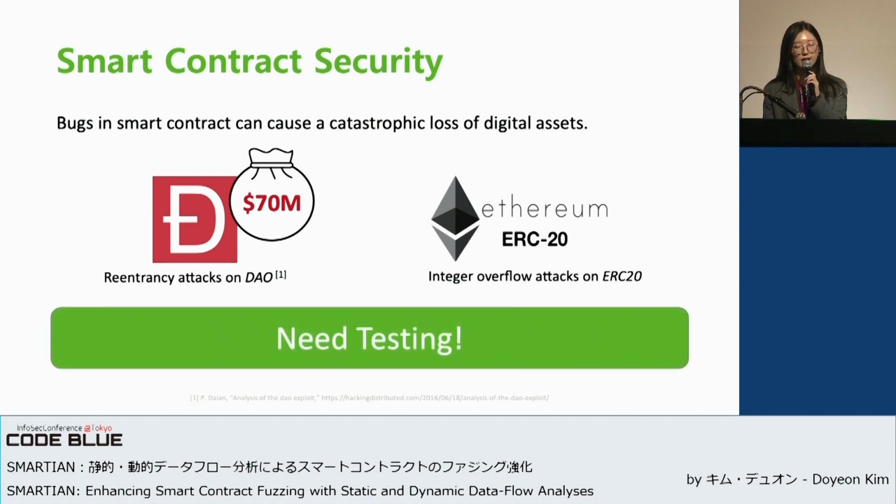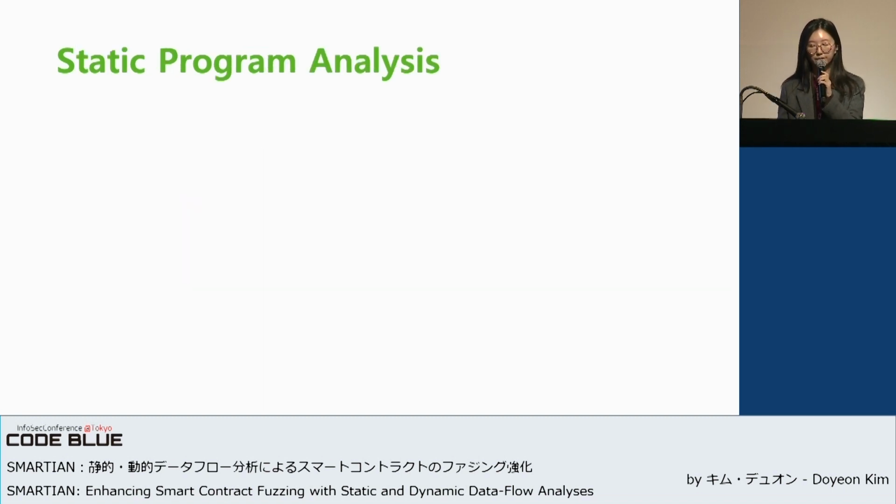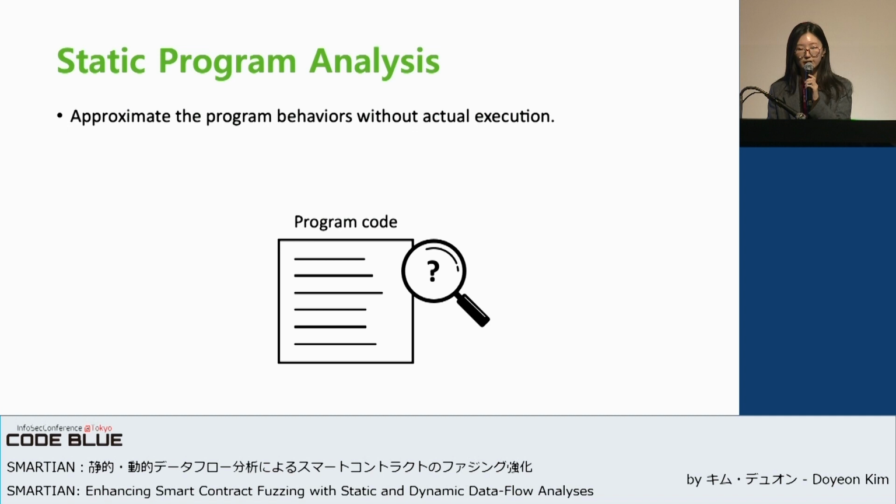So this highlights the importance of testing smart contracts. There are lots of techniques for finding bugs. One of the most popular techniques is static analysis. Static analysis approximates the program behaviors without actual execution, so we can guess how the program will execute before it runs.